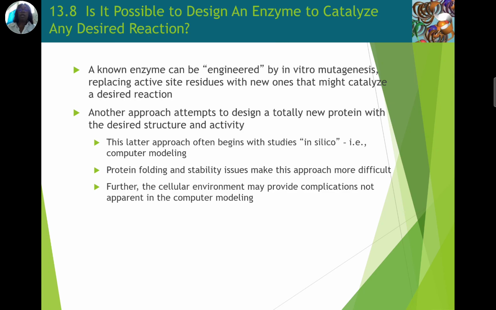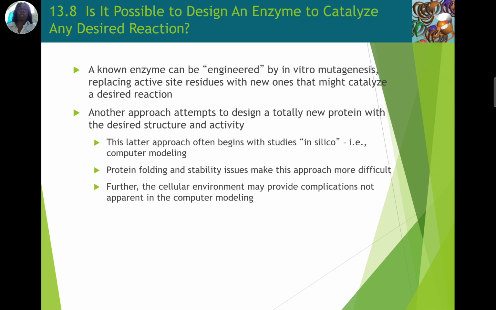Another approach has been to start from scratch, line up the particular amino acids, and make a totally new protein. Now, when you're doing that, the first part of it is to do computer modeling. And again, try and figure out which amino acid needs to be next to which amino acid, so that when I get my secondary and tertiary structure, I will then generate an active site that does the desired reaction.